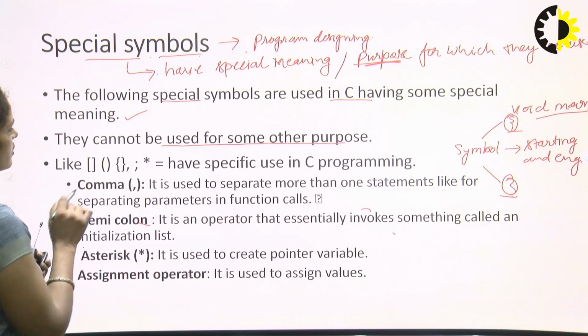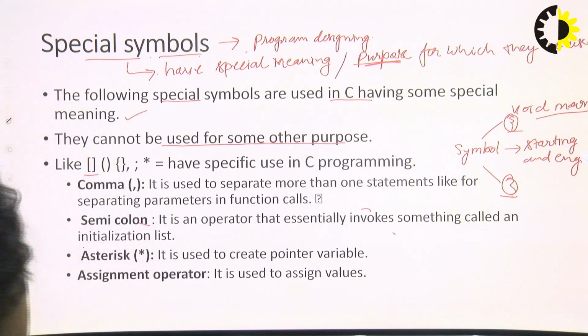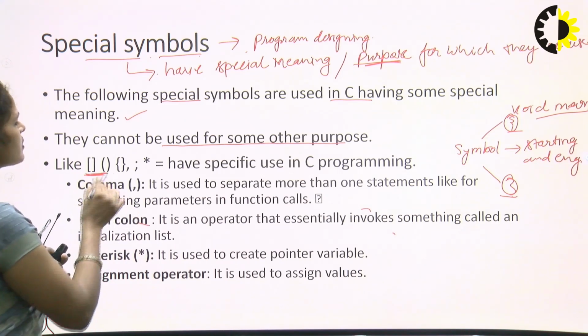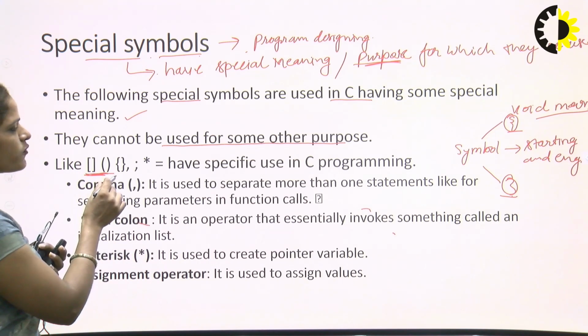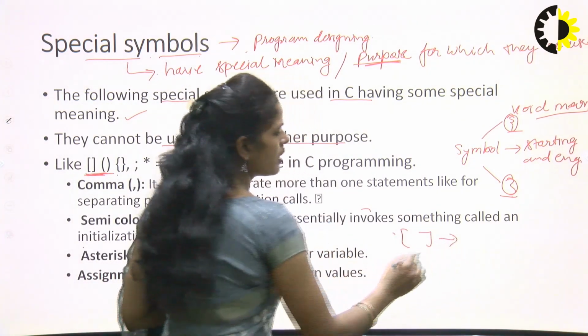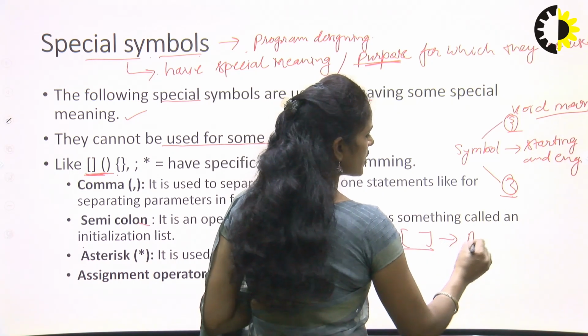So here are some examples in which we mention some kinds of symbols, like brackets. These brackets show the concept of an array.